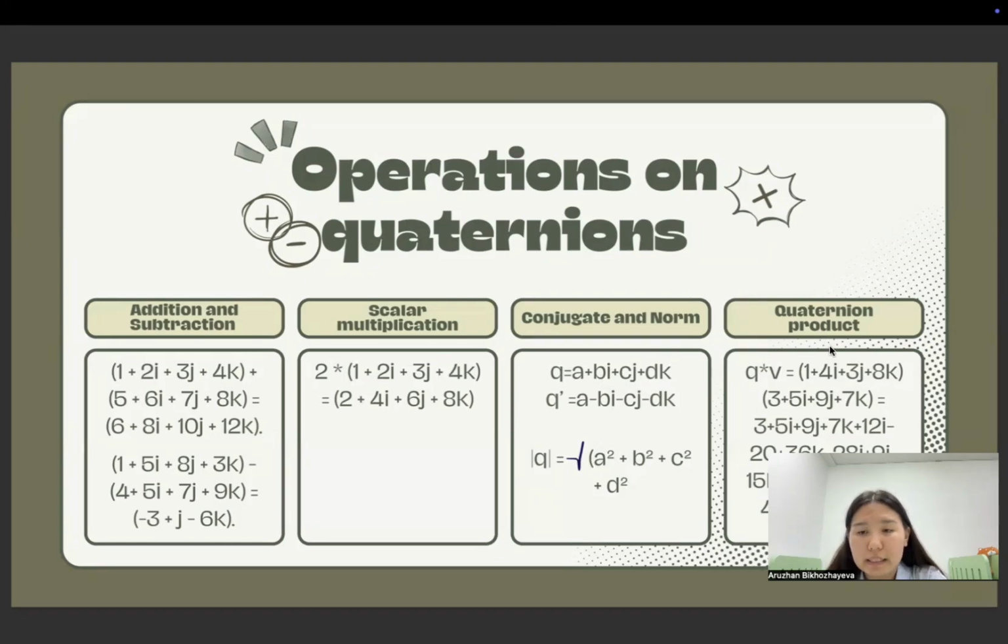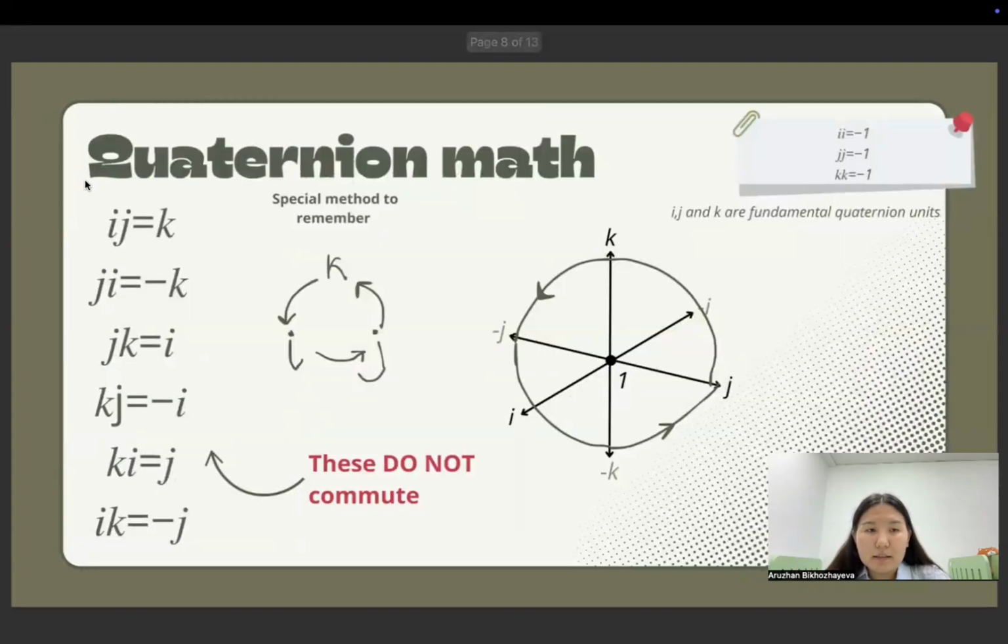And about the quaternion products, we just take one part and multiply it by each part of the second quaternion. And then you take 4i and multiply it by 3, by 5i, by 9j, by 7k. And the most important part here is when you multiply i by j, you use these formulas.